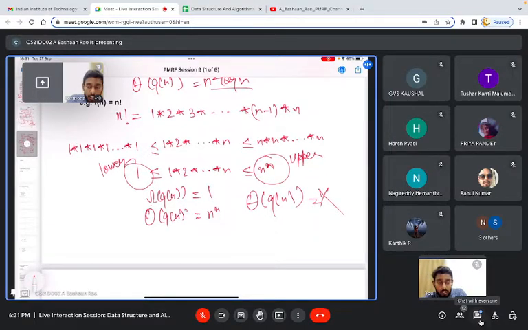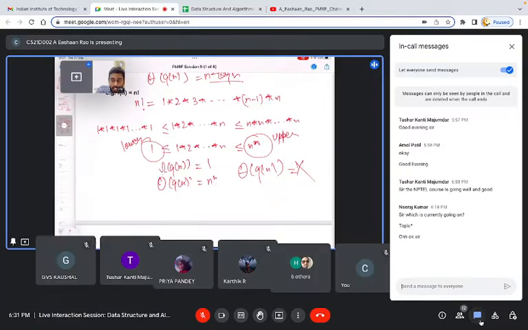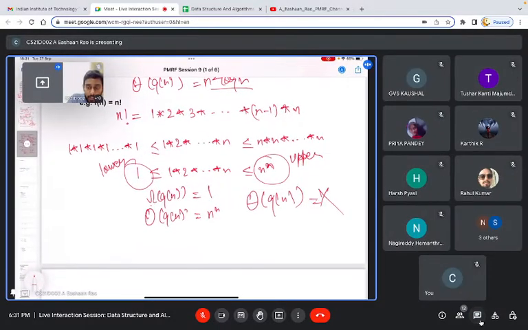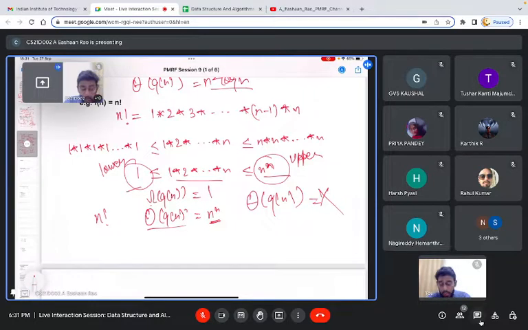Do you have any question with respect to this? Because this is a little important thing to understand here, that there will be functions where you will find that the lower bound and upper bound and the given function are nowhere similar. We can see here where is n factorial, where is the upper bound and where is the lower bound. We don't find a common ground here.